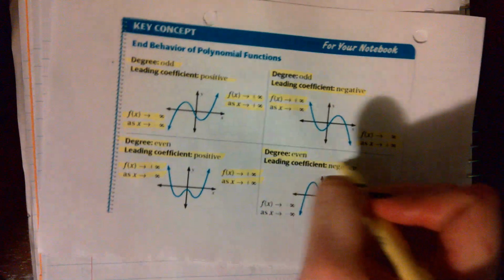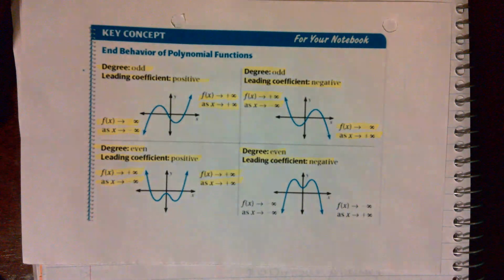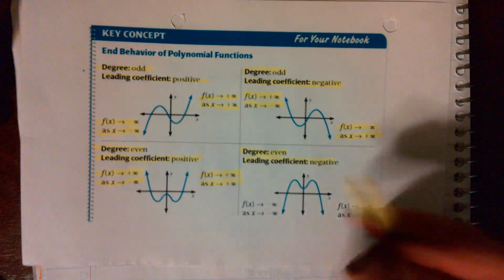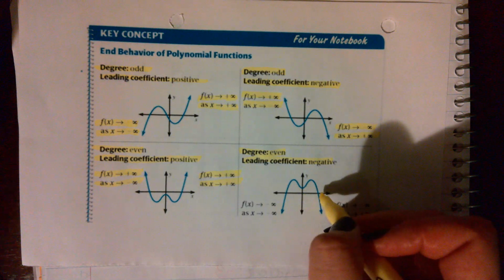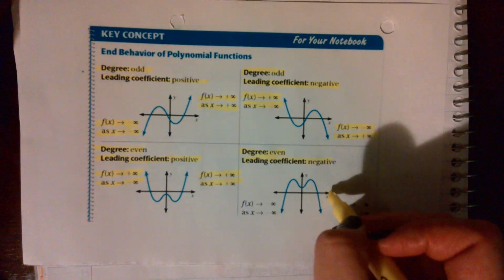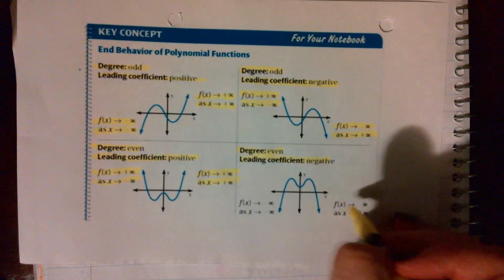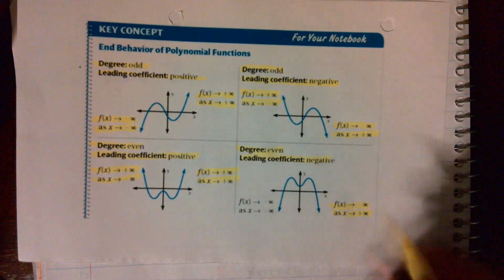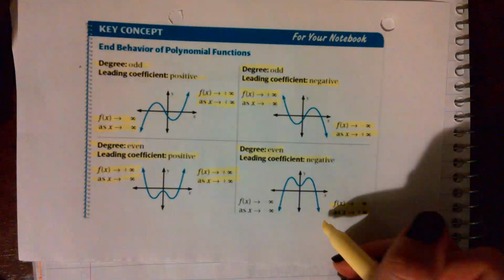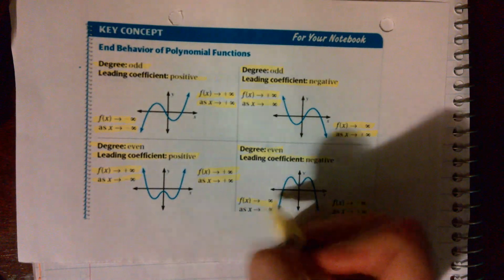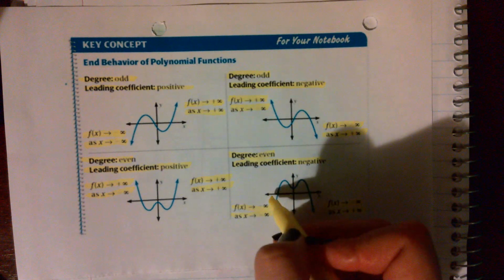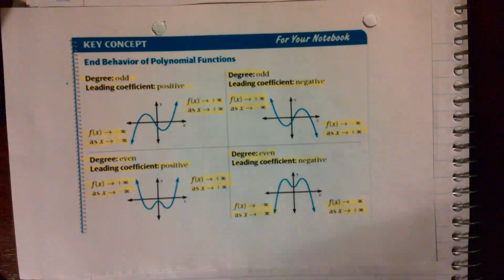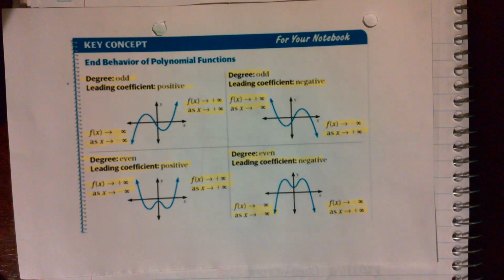If our degree is even and our leading coefficient is negative, we can expect the opposite to happen. So as we follow right and x approaches positive infinity, then our function will be going down towards negative infinity as our end behavior. As we travel left on the x-axis, our x values go towards negative infinity, and our graph will also travel towards negative infinity.